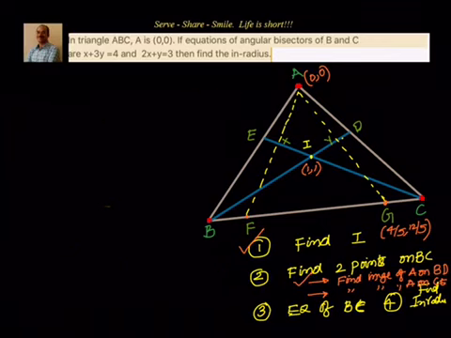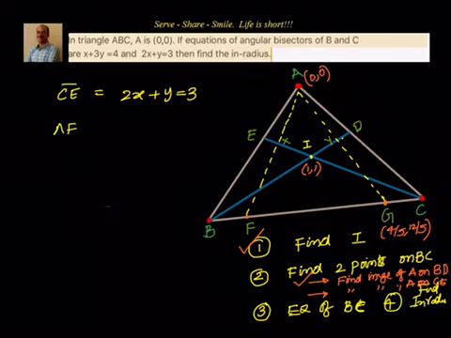To find the image of A on CE, first we know the equation of CE. CE equation is given by 2x plus y equal to 3. So the line which is perpendicular to CE is AF.